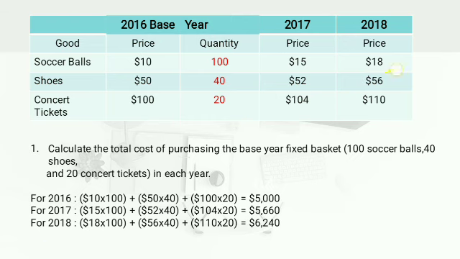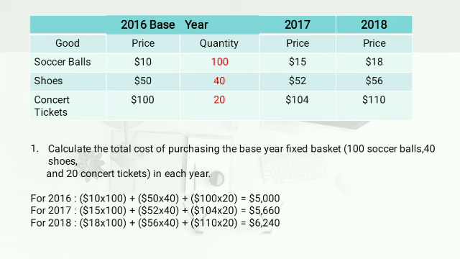For the last one, 2018: the price of soccer balls is $18 times 100, shoes are $56 times 40, and concert tickets are $110 times 20. The amount for 2018 is $6,240.